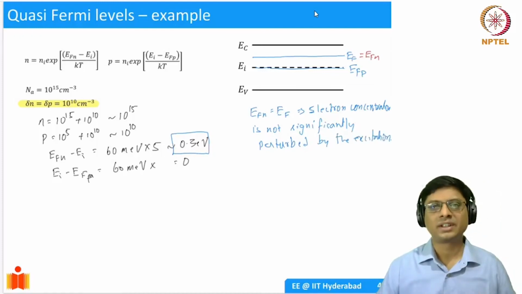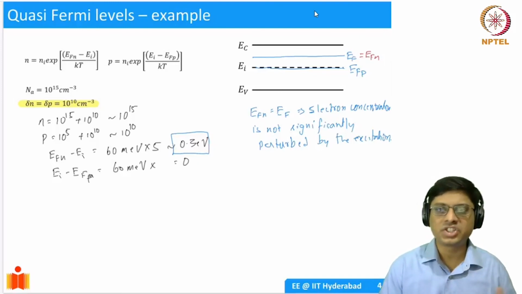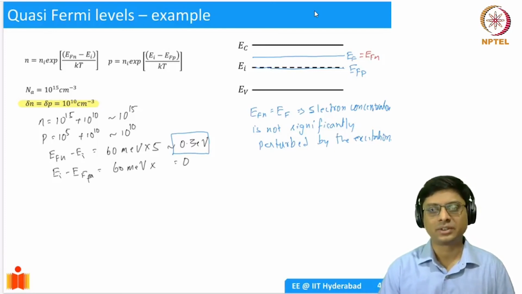So you are essentially having electron hole pairs created by light, and that excitation is not really changing the electron concentration. That's why EFN equal to EF.